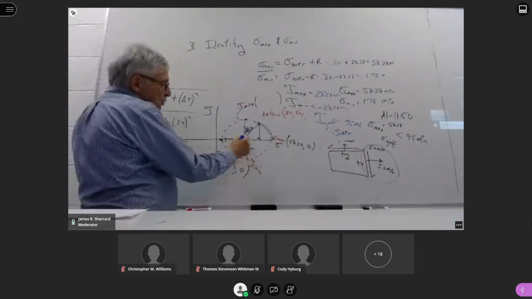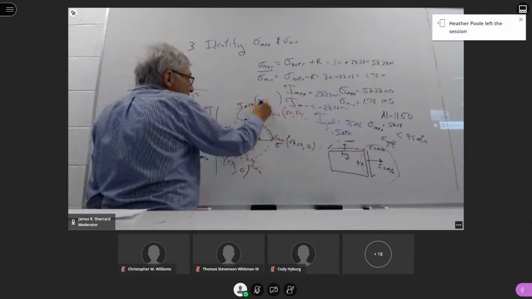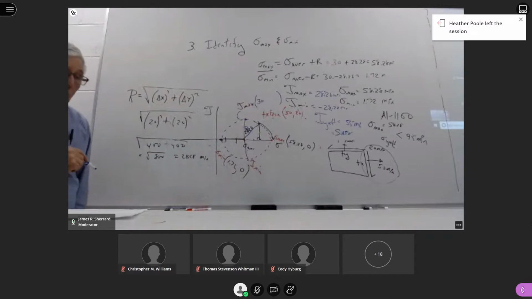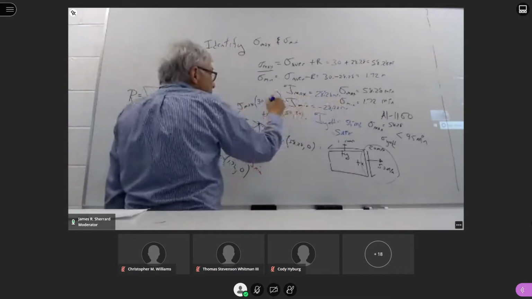Exactly. Because where is it here? It's directly over sigma average. So this is 30. What is my shear stress value? We've just said it's R.